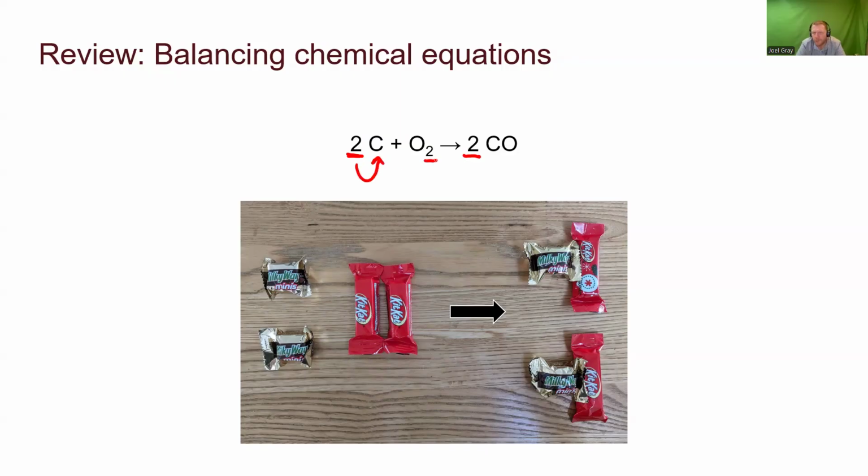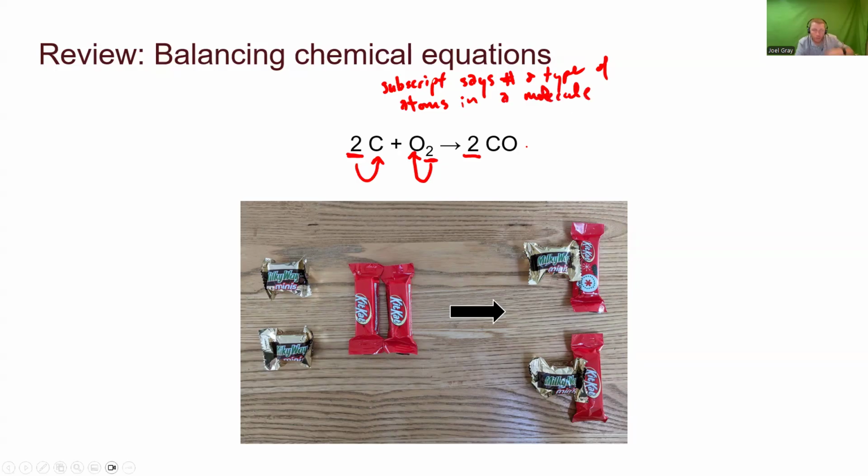This two right here indicates that you have two oxygens. The difference is that when you see a subscript, it says the number and type or identity of atoms in a molecule.